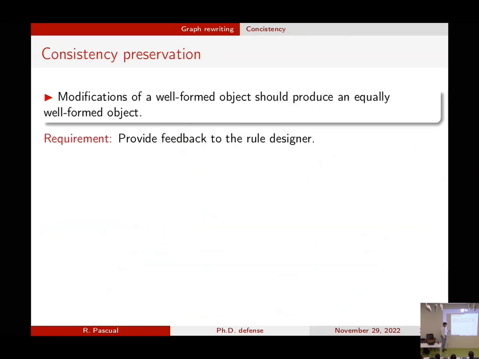The question now, this is the last question on this description of my graph transformation rules and my language, is that if we modify a GMap, we should obtain a GMap. Because the ambition is to write rules in a software, I also want feedback: if I write something wrong, I want to be able to first say, okay, there's an error, and maybe what kind of error it is.